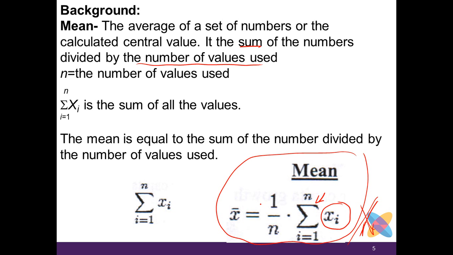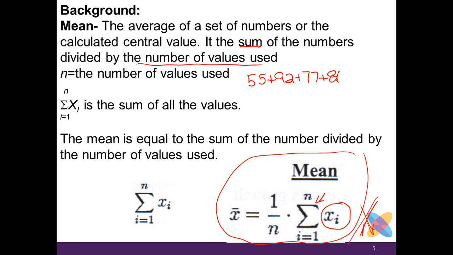So let's suppose in AP biology, you want to know your average and you have 4 grades. The first grade that you have was a 55 on an assignment. The next grade you did much better and you received a 92, and then a 77, and then an 86. So how would you determine the mean?